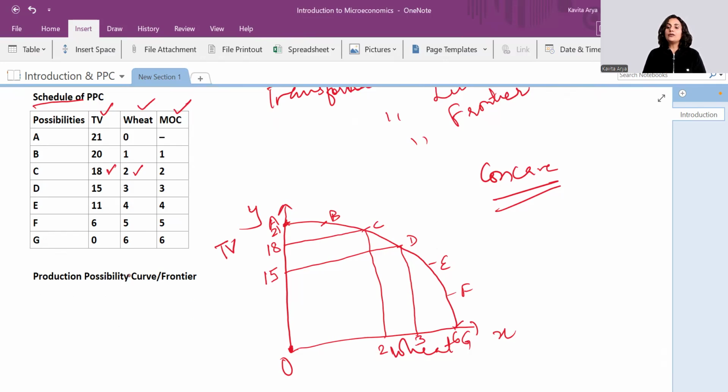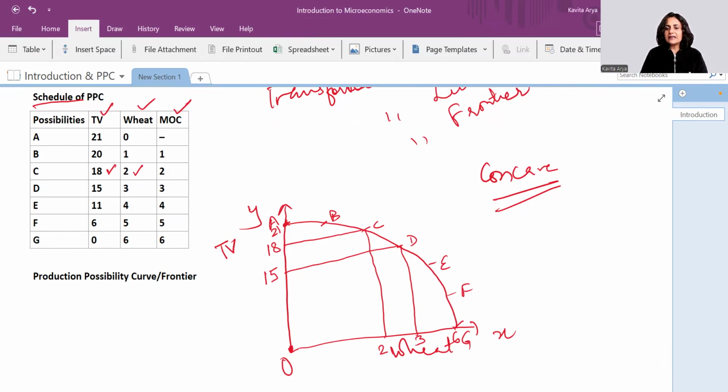What does it mean? Initially we begin at situation A where all the resources are put to the production of Y and 0 to production of X. Gradually we are transforming the production from Y to X, reducing a bit of Y and gaining marginally at X.